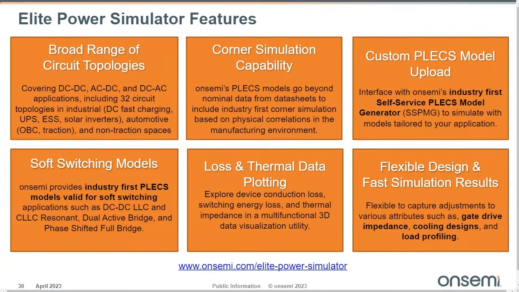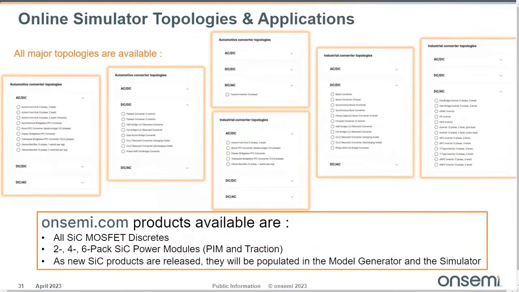We can handle soft switching in that simulator. You can get the loss and thermal data out, and it's very flexible. You will see you can run several simulations, compare them, and so on, and you have very fast and accurate results.